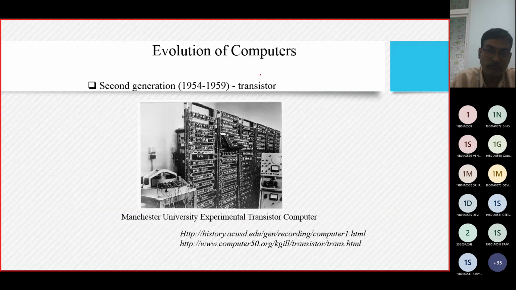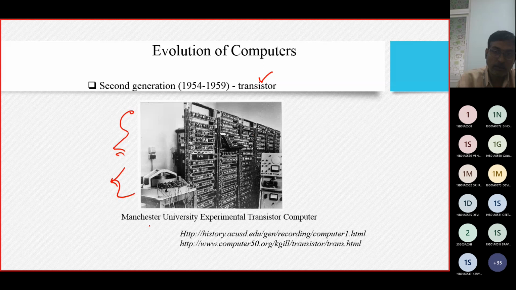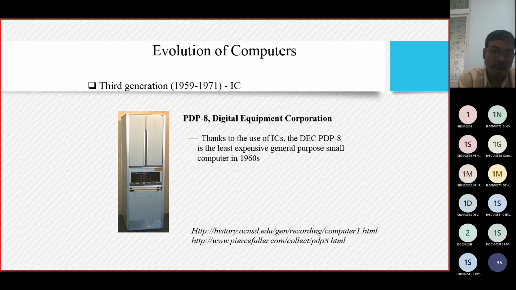Then vacuum tubes were replaced with transistors. University of Manchester is maintaining the same machine for demo. This was the computer made on transistors.